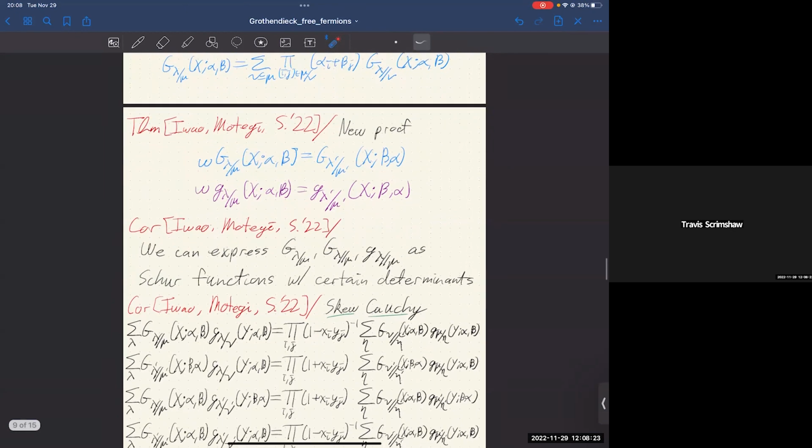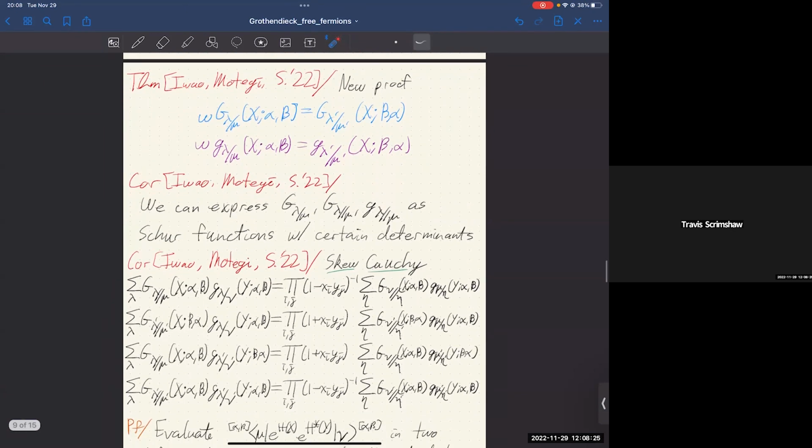Then we can also use this formalism to insert identity operators for the usual Schur functions, where we just use the original bras and kets that we had before. And that then gives us the decomposition of all of our Grothendiecks and canonical Grothendiecks and their duals in terms of Schur functions.